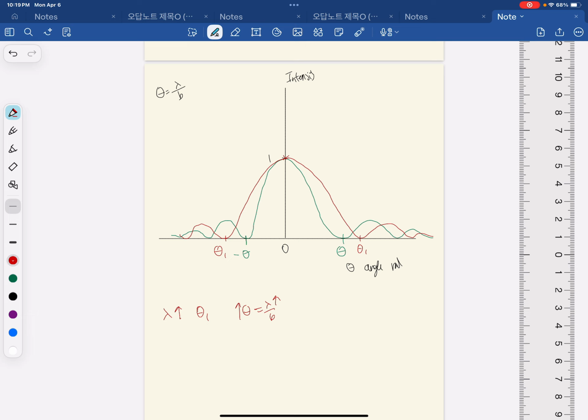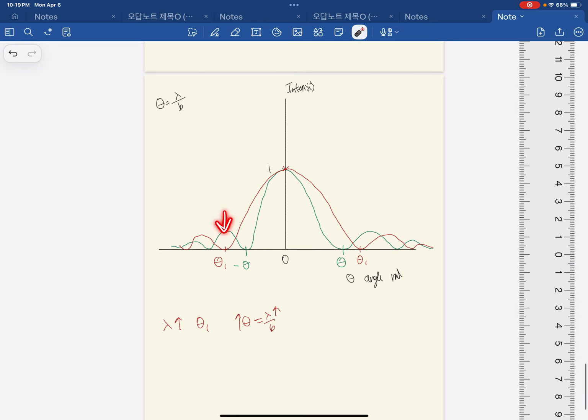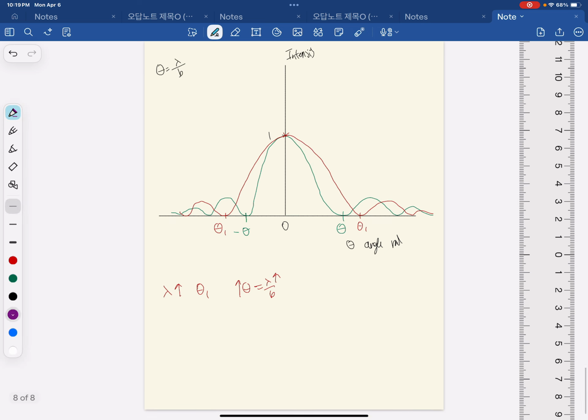So the height of the central green and red maxima is the same. The height of this green secondary maximum is the same as the height of this red secondary maximum. I just drew it wrong. Okay, cool. That's easy.